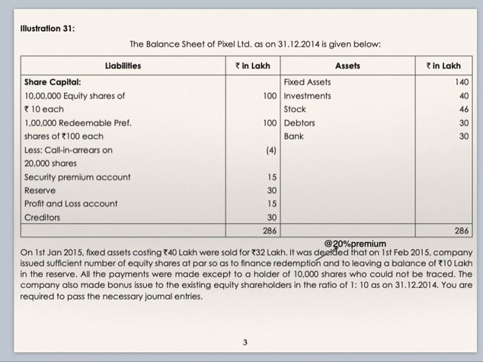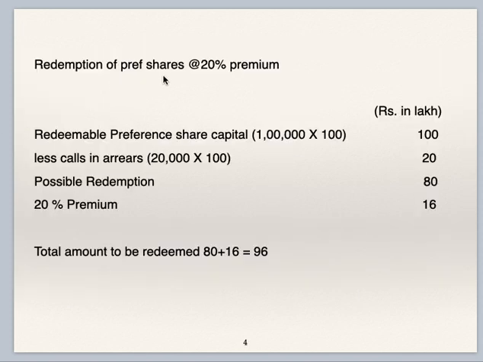First, I will show you working notes so that it will be easy for you to understand the journal entries. Redemption of preference shares at 20% premium. Redeemable preference share capital is 1 lakh into 100, rupees are in lakhs, so it is 100. There is call arrears on 20,000 shares.